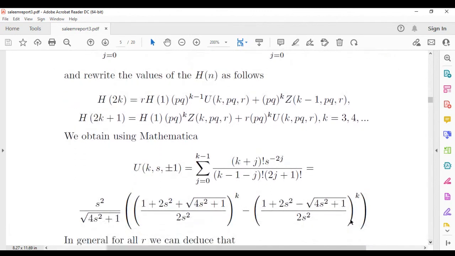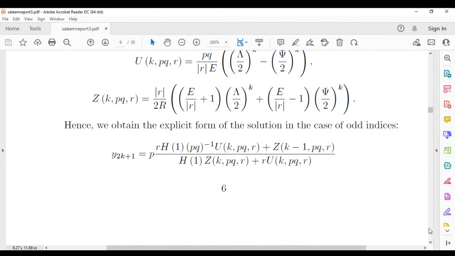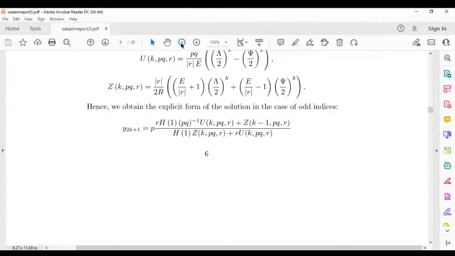We use at this stage mathematics in order to calculate this finite summation, and obtain an expression for that, and then continue in very long calculations, reaching this form of the solution. Of course, using some quantities like z and u, where z and u are written here above.